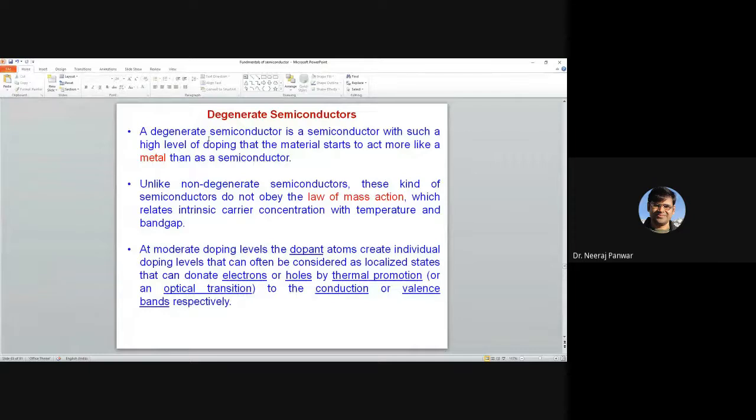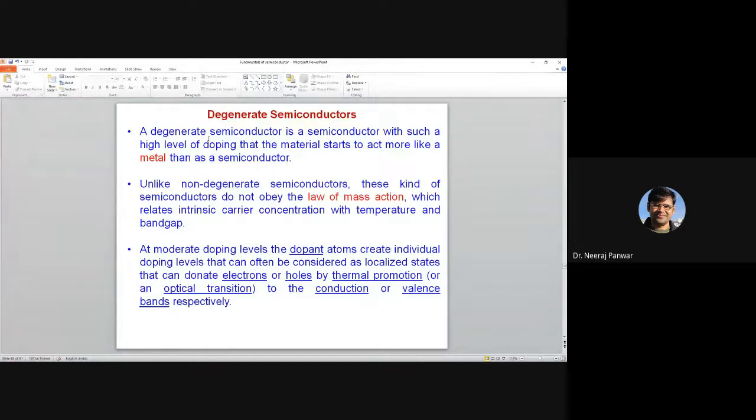So, how have we defined a degenerate semiconductor? A degenerate semiconductor is a semiconductor with a very high level of doping, and the doping level is so high that the material starts to behave more or less like a metal, not as a semiconductor.